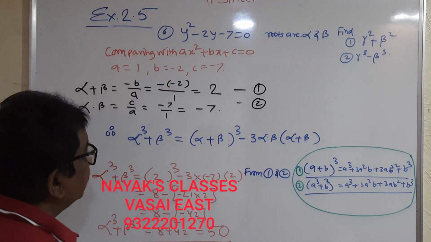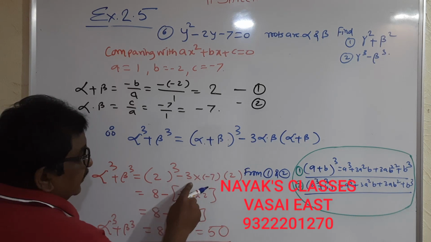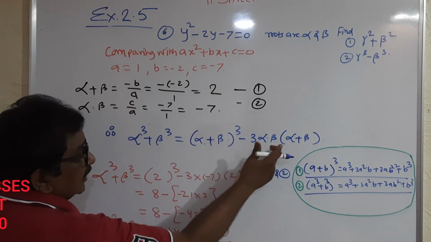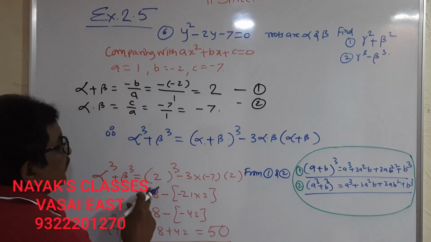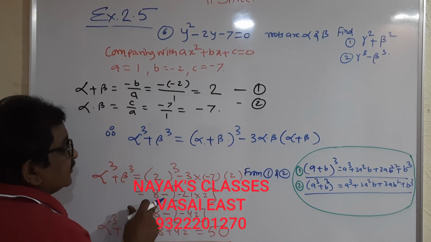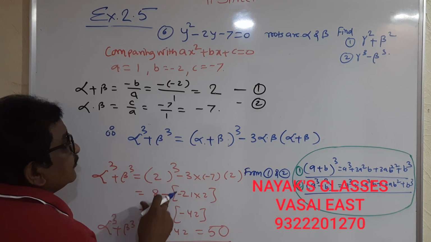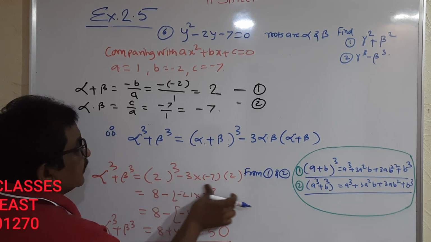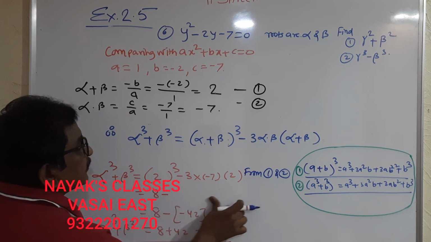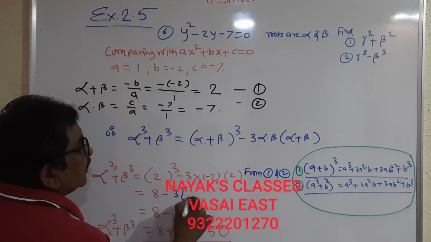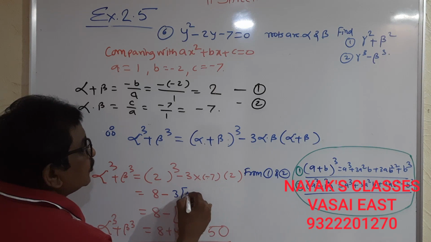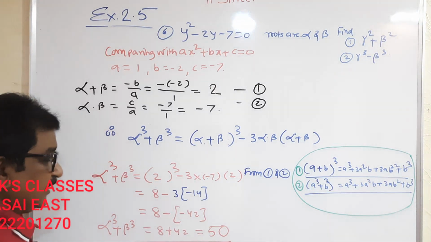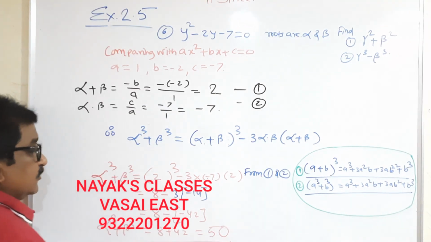From 1 and 2, alpha into beta is minus 7 and alpha plus beta is 2. So 2 cube is 8 minus 3 into bracket minus 7 into 2, that is minus 14.